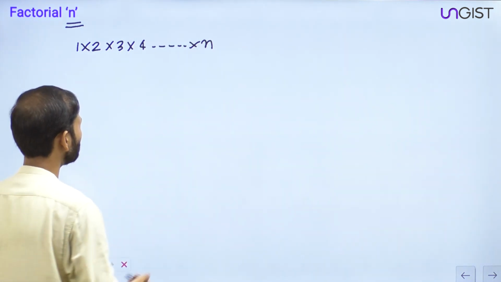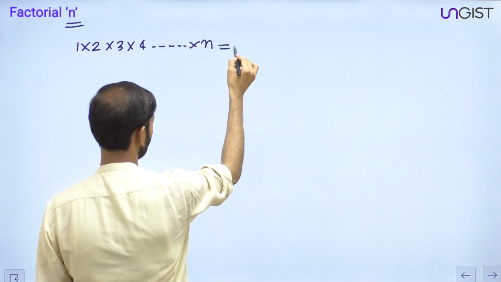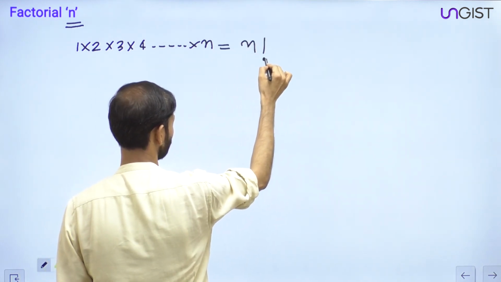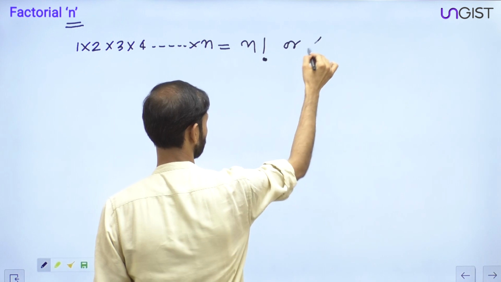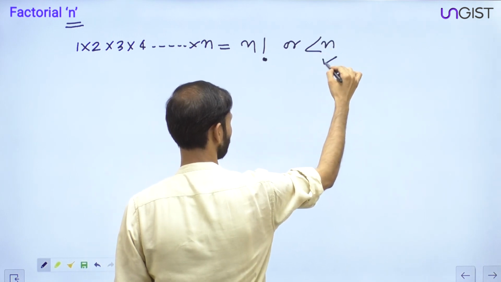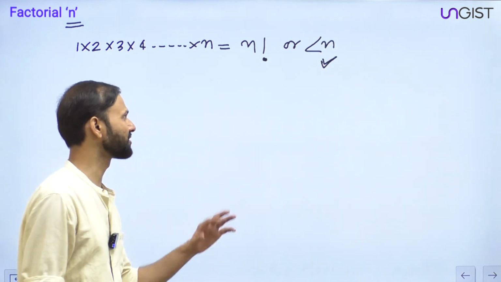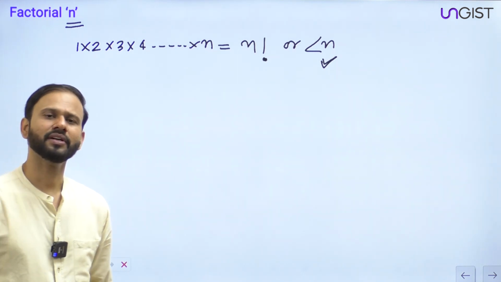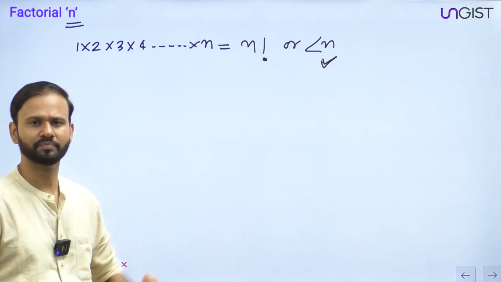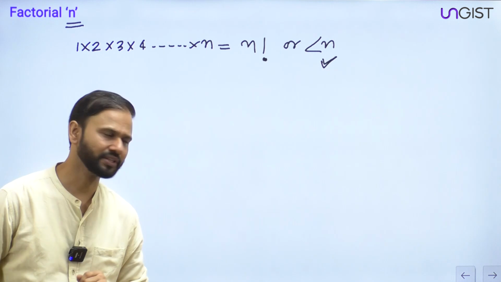The representation of factorial n is this symbol, and most scholars use this one, so in general I'll be using this symbol for factorial.